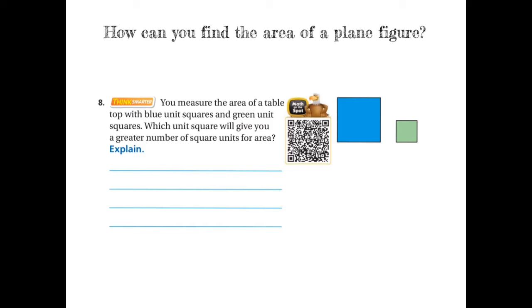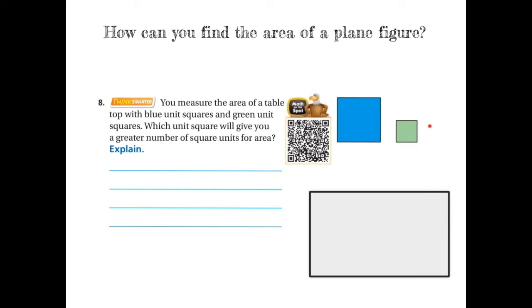So if you had a unit square and you had a tabletop, let's just say that's like this, which of these unit squares would you have to use more of? Well, I'd have to use more of the smaller pieces to fit this area. So because the green unit squares are smaller than the blue ones, I'd have to use more. So we have to start thinking about the size of our unit squares too. So it can be as simple as just counting, but sometimes we have to apply it a little bit more.